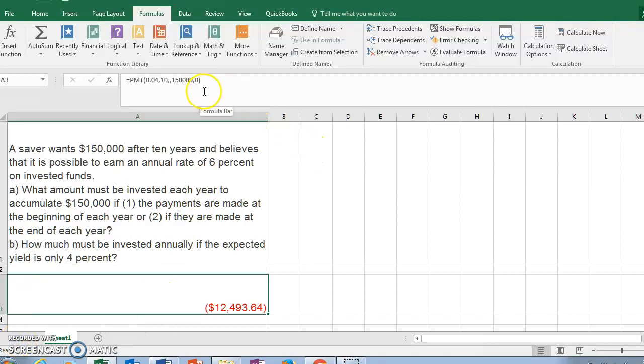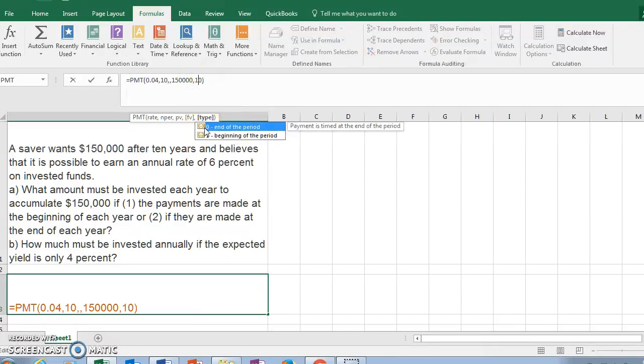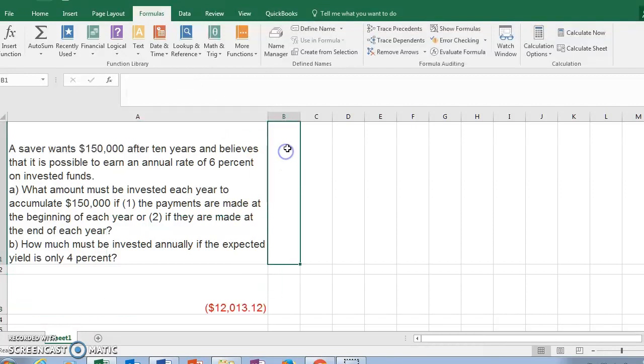And if I want to change it from an ordinary annuity to annuity due, again, I'll just change it back from a 0 to a 1 in the toolbar, and voila, $12,013, which also makes sense. If I'm putting money in at the beginning of the year, I should be able to put in less than if I'm putting in at the end of the year to accumulate the same $150,000.